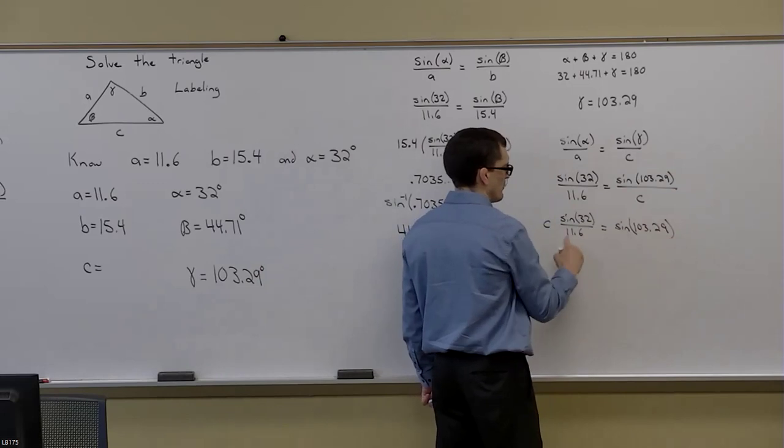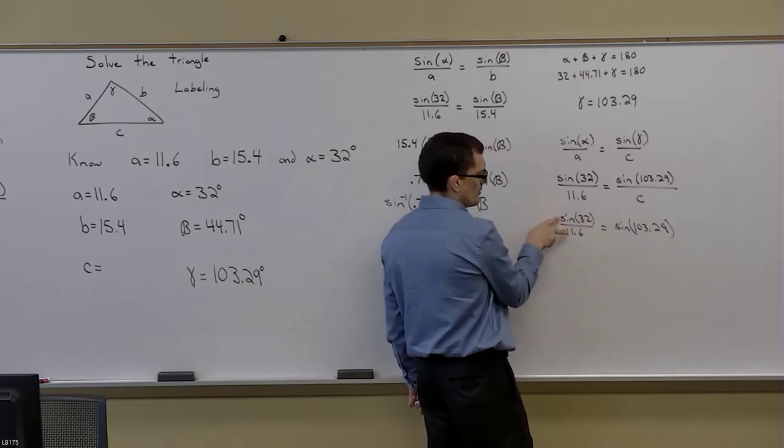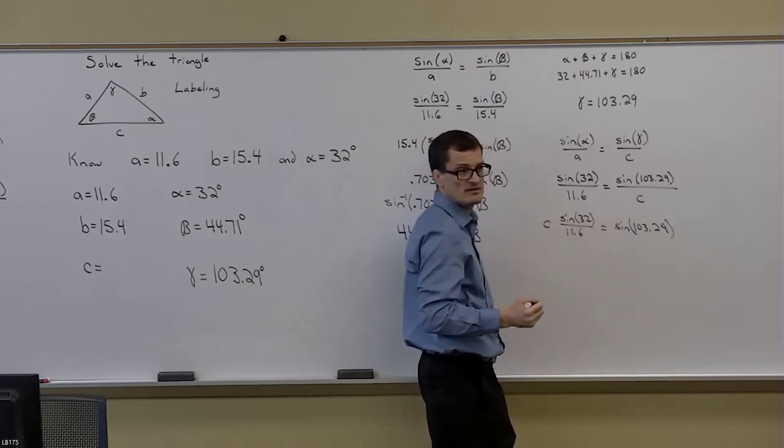And then multiply both sides by 11.6, divide both sides by sine of 32, or in other words, multiply by the reciprocal of that.